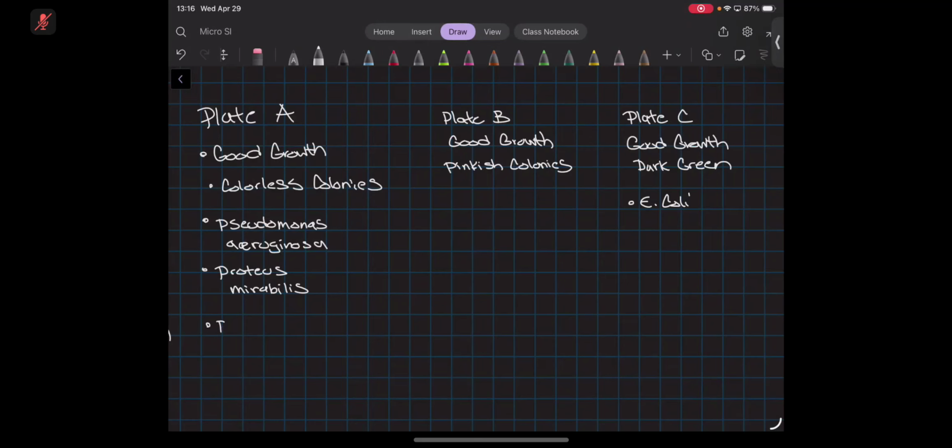And then we have Proteus vulgaris. I mean, we did have minus 2 because we didn't do the BSL2s. But yeah.